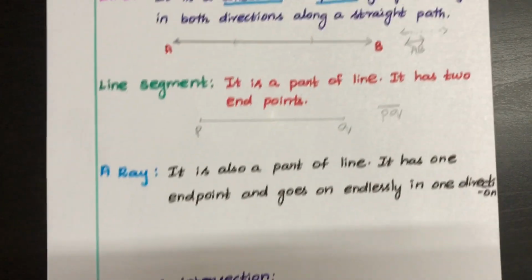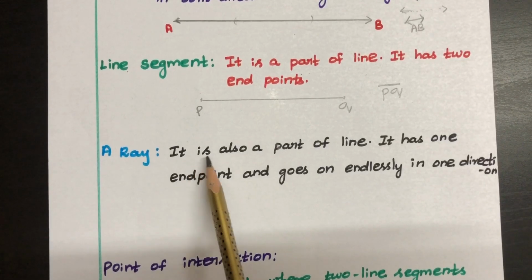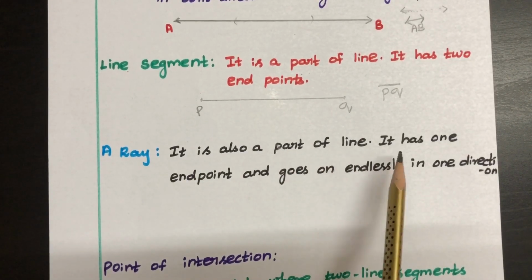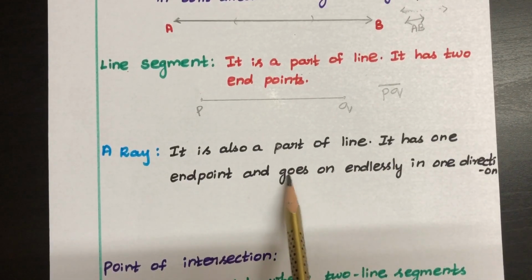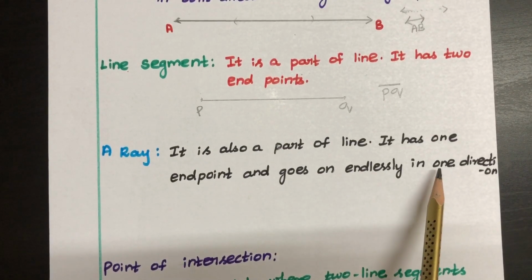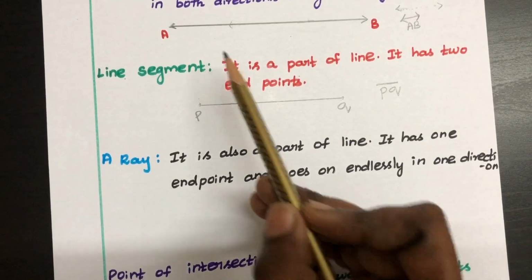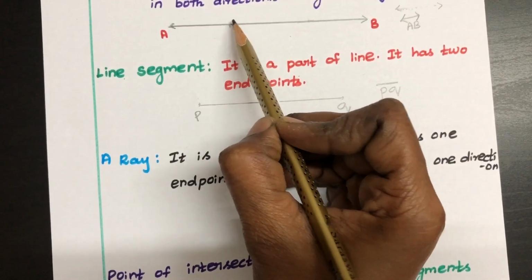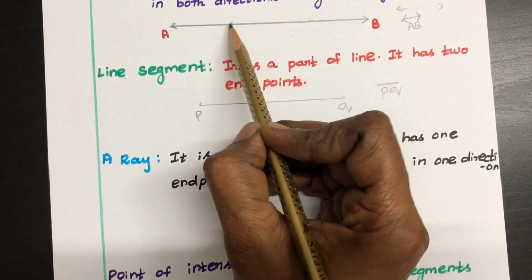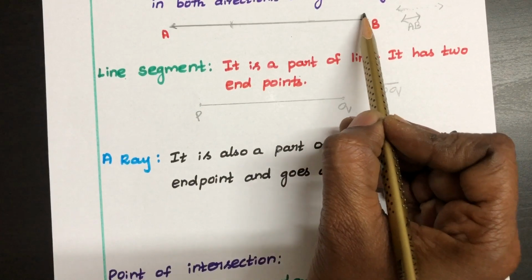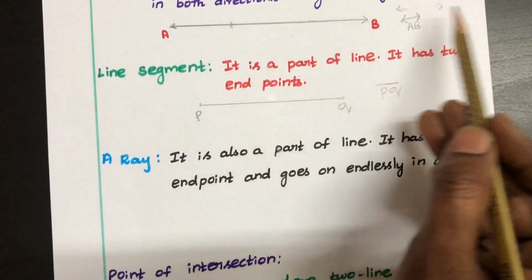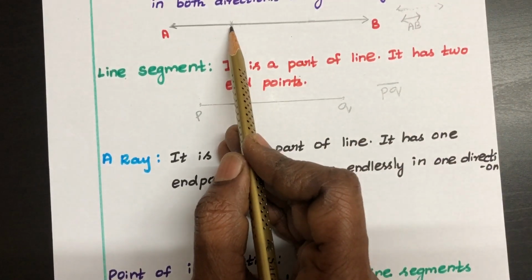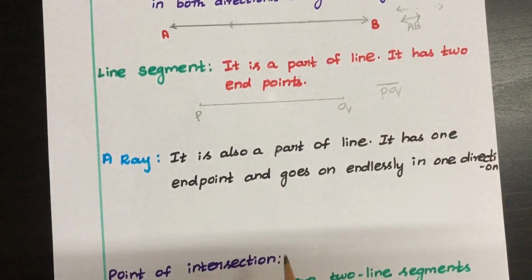Next, a ray. What is a ray? It is also a part of a line. It has one endpoint and goes on endlessly in one direction. If you cut the line at only one side, it goes endlessly on one side, but it has a start point. This is nothing but a ray.